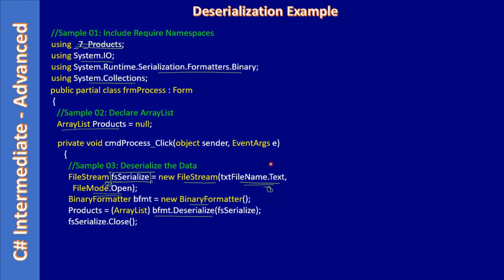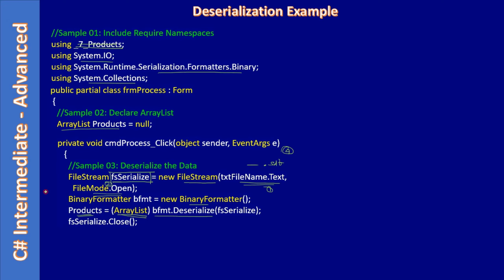So here we have the SDT file, right? The name I forgot, SDT. That's what we stored in video number 4. Since we are making a call to Deserialize, it will return an object, and we are casting that to array list.